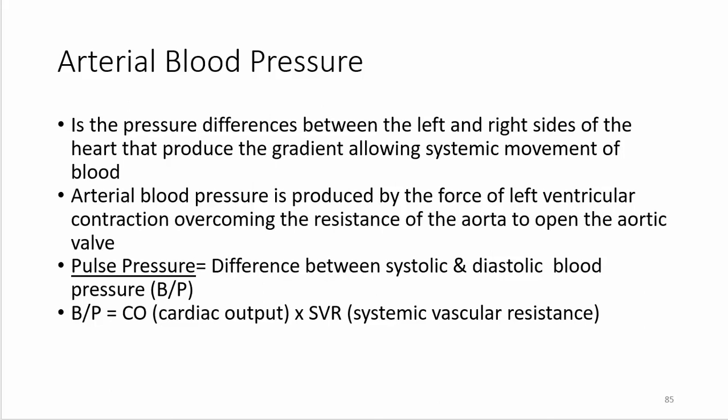It's directly proportional as opposed to inversely proportional. So if systemic vascular resistance goes up, blood pressure goes up, and if cardiac output goes up, blood pressure goes up. If cardiac output and resistance go up simultaneously, blood pressure goes way up. So it's directly proportional to both factors.